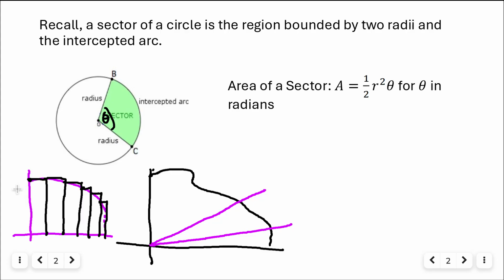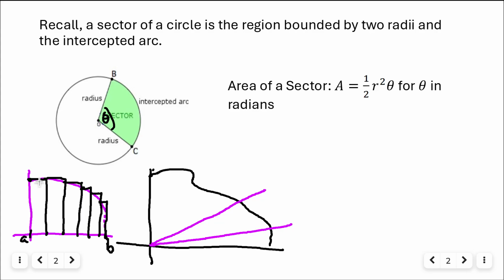How small did you want to make them? As small as possible, so you could fit as many rectangles in there as possible. You wanted an infinite number of rectangles. And if you had that infinite number of rectangles, then we realized that meant you could integrate the function. That's where we came up with the area under the curve being the integral of that function between the two bounds A and B.